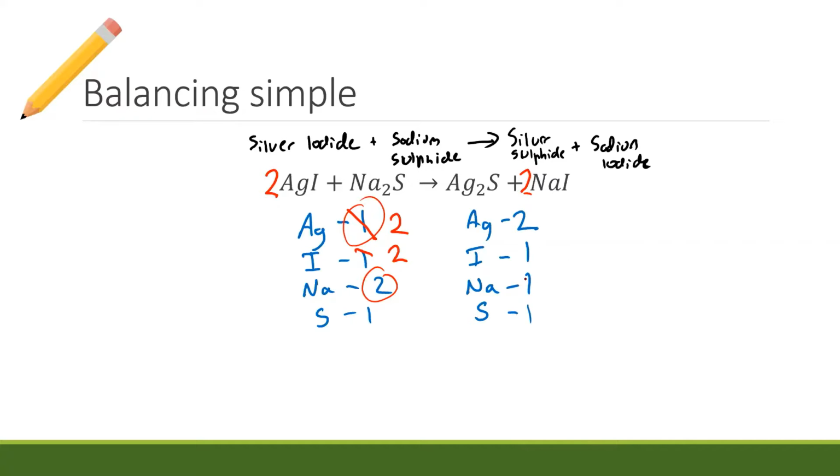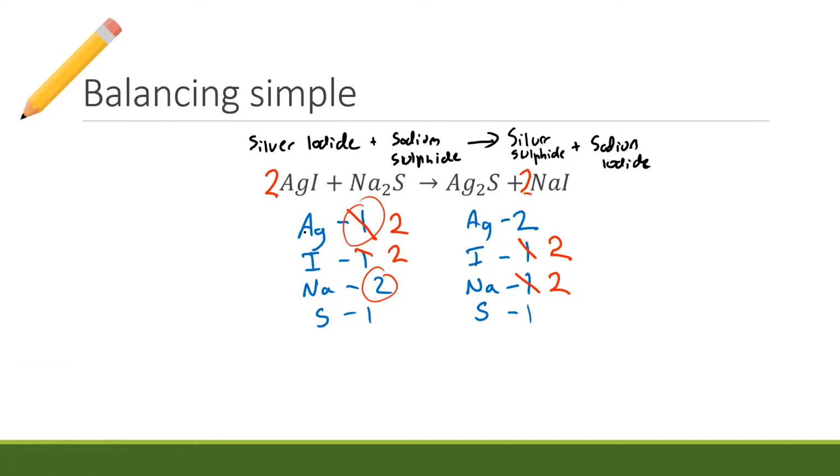If I put a 2 there, that changes this one to a 2. But what does that also change? Iodine. How many iodines have I got on the right now? 2 times 1 is 2. That's fixed up my iodine problem.